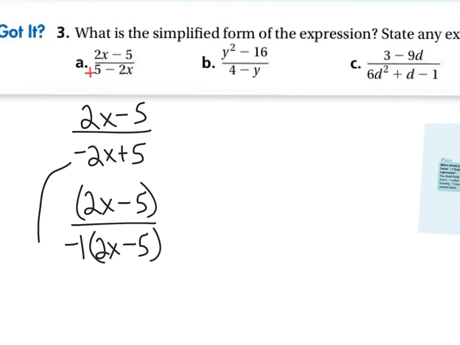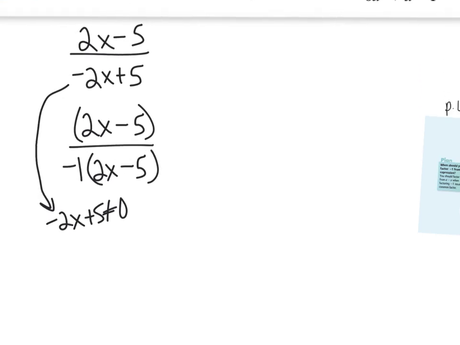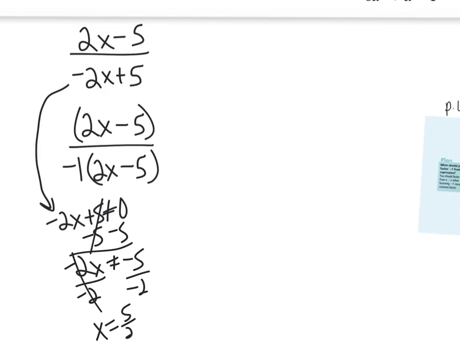Excluded values: if you'll notice up here, we say the denominator can't equal 0, so you would solve that out. Negative divided by negative is a positive, so x cannot equal 5/2, or x cannot equal 2.5.